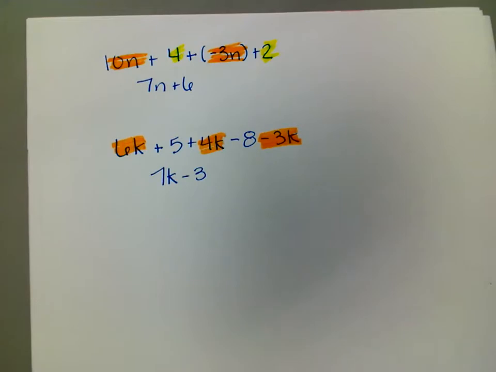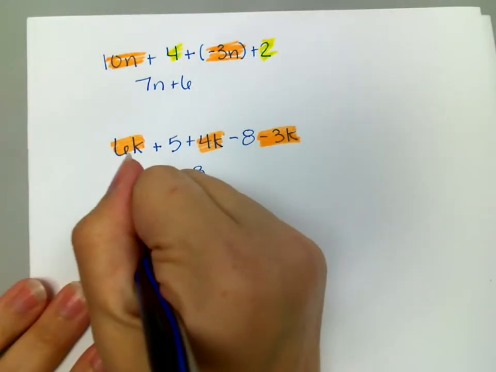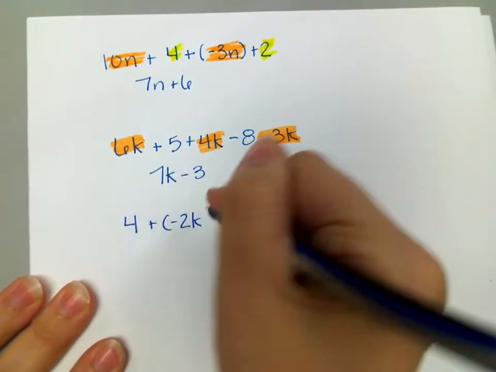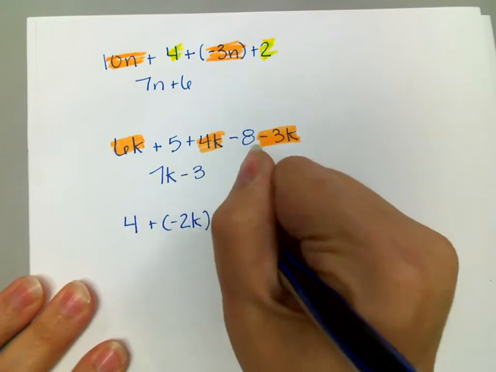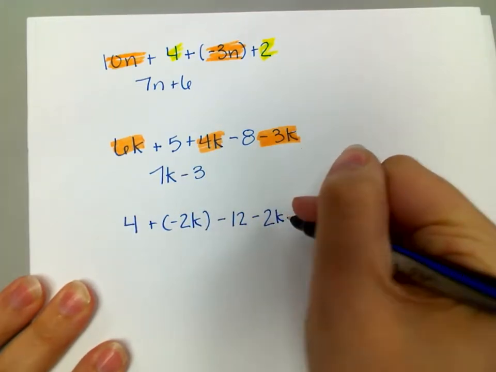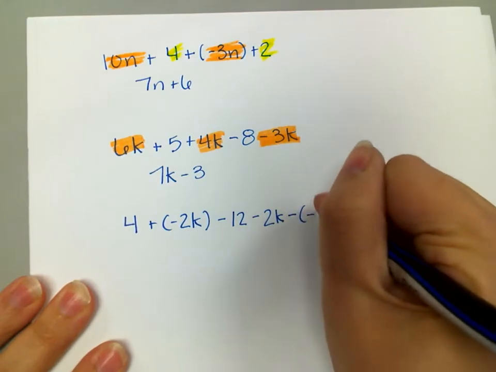Okay, now I'm going to take it up even more here. So I'm going to do 4 plus negative 2k minus 12 minus 2k minus a negative 1.